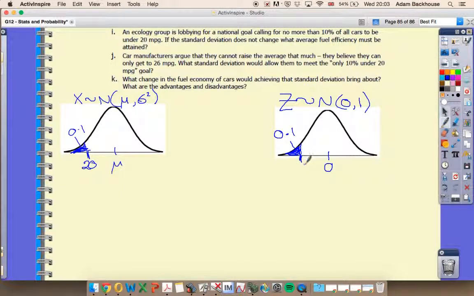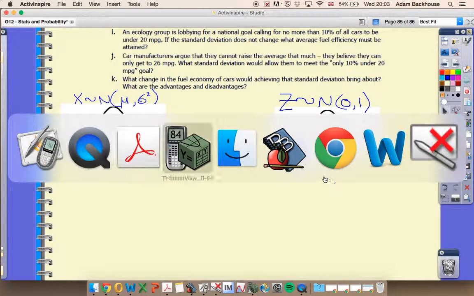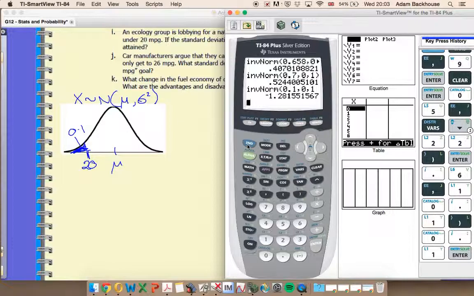I don't know what z value this corresponds with, but I can use my inverse normal to find this z value because I've got the area, the mean, and the standard deviation. So let's do that quickly here. In fact, I've already done that. I entered the area, the mean, the standard deviation, and I got this value.